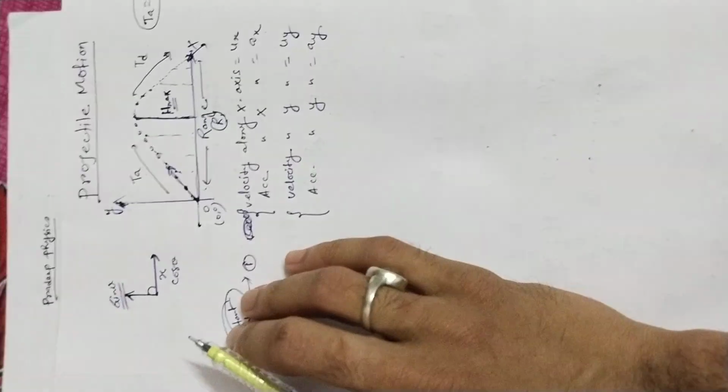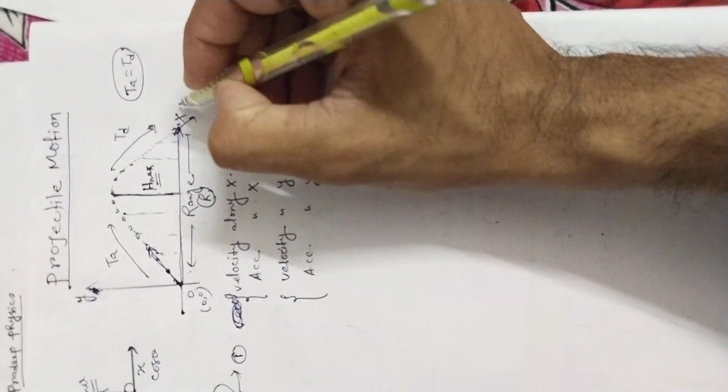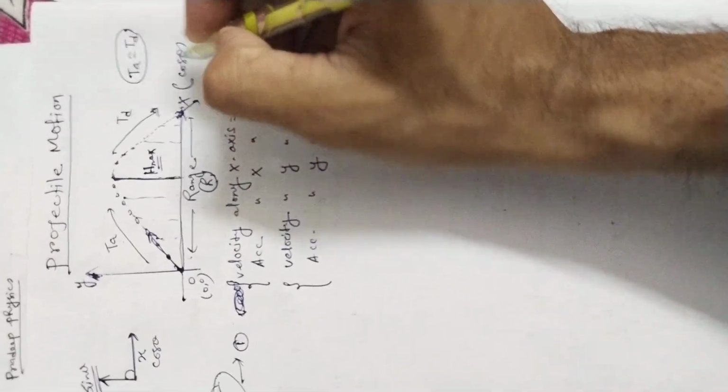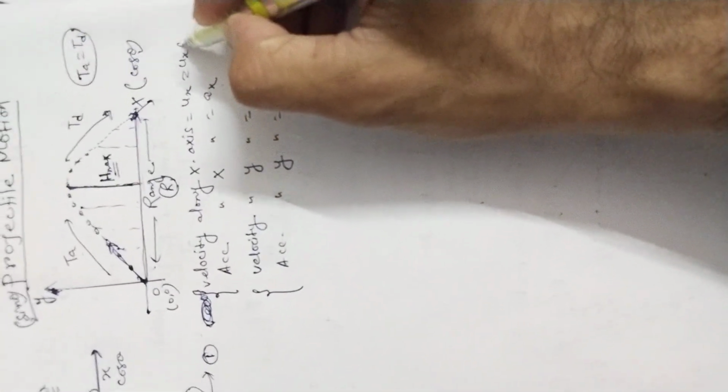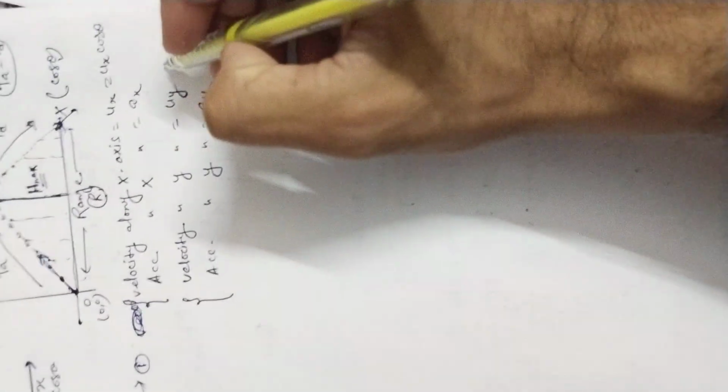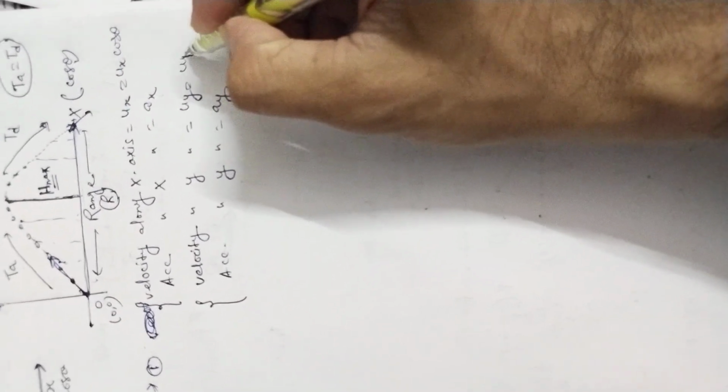So along the x-axis I write u cos theta and along the y-axis I write u sin theta.